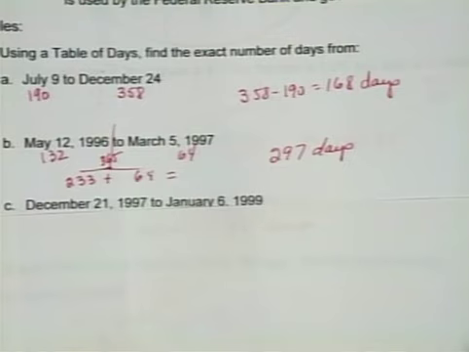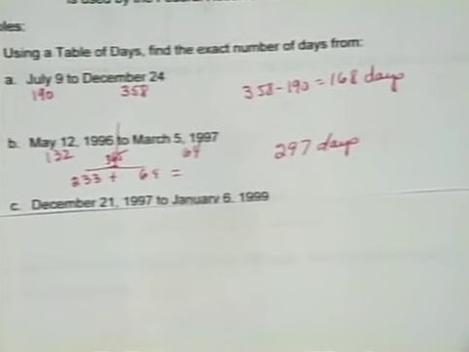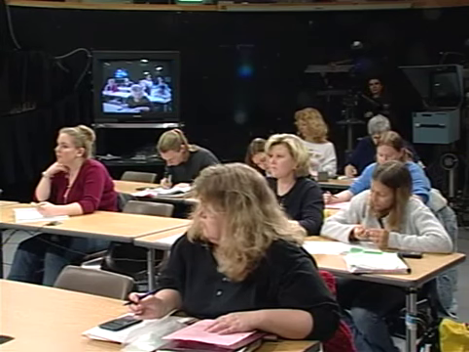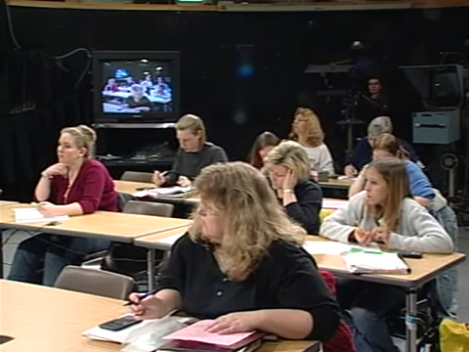So I say, how many days are there from May 12th until the first of the year? And then how many days are there from the first of the year until March 5th? That'd be 297. And if there was a leap year involved in there, which we eliminated any of the February stuff. Still, wouldn't you add a day? 1997 is not a leap year. Oh, okay. Are you with me? If that had been in 1996, you would. Is that one all right?